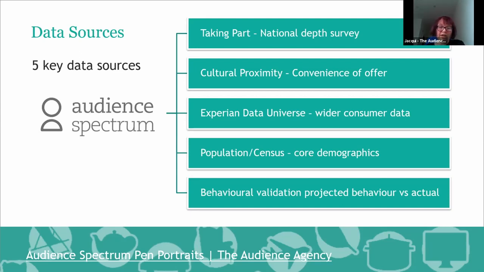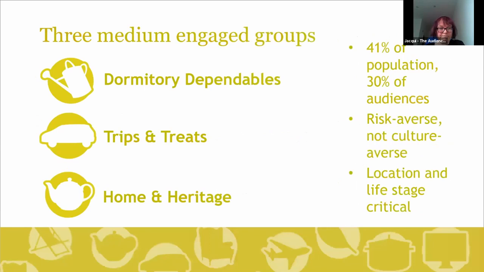So all of that data enabled us to segment the population, as I say, into those 10 distinct and locatable groups based on their preferences, the opportunities to engage, and the barriers that they might face. Oh, I've skipped ahead.